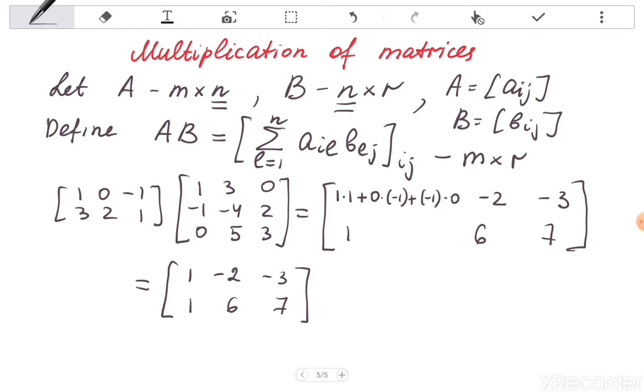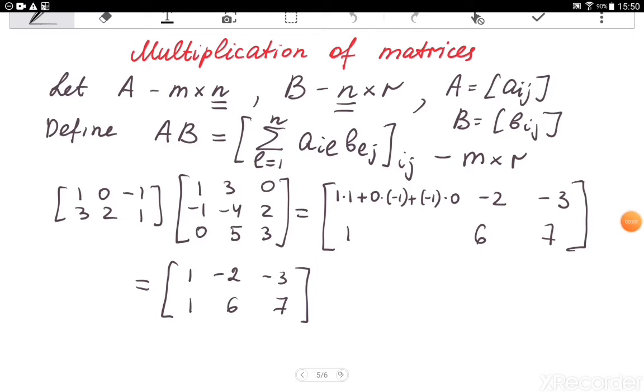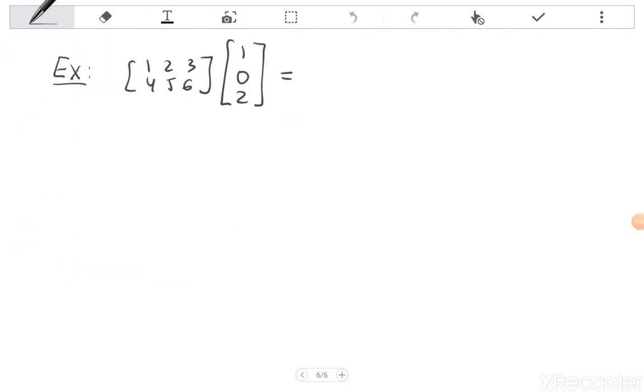So this is the product of these two matrices here. For example, let's multiply this matrix by this vector. We have a matrix with 3 columns and the vector has 3 rows, so the multiplication is well defined. And what is the dimension of the resulting matrix? This will be a matrix of just 1 column and 2 rows, right? So what do we get?